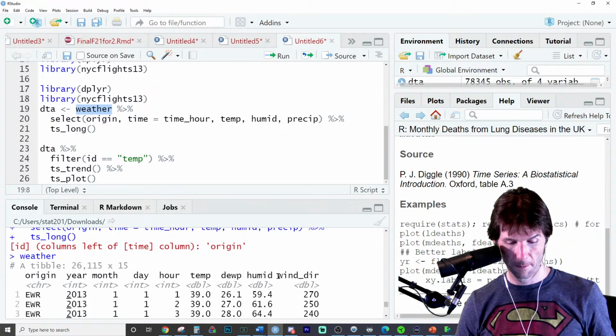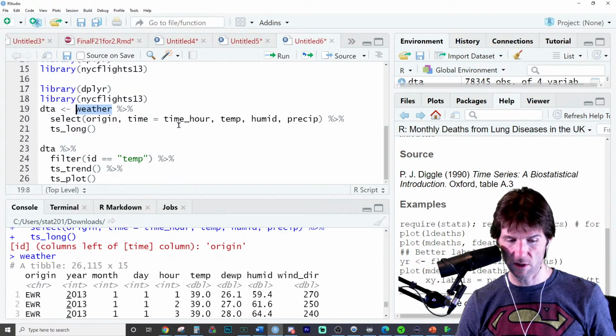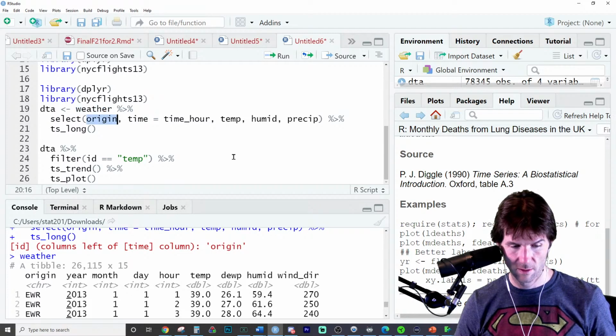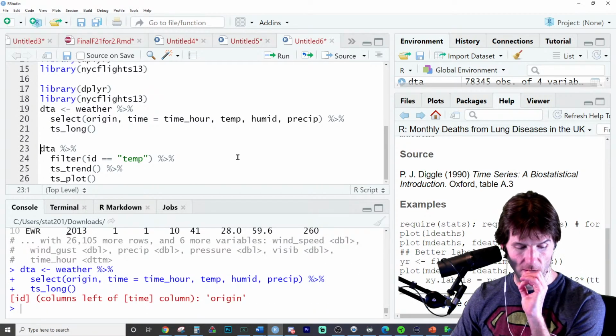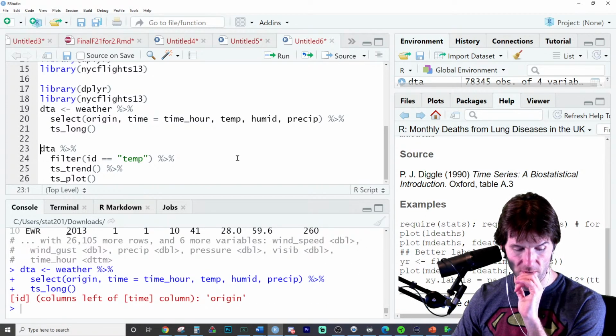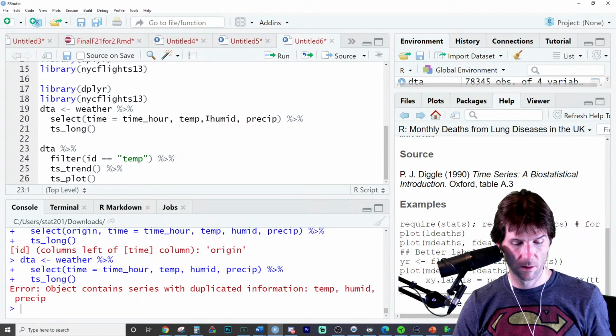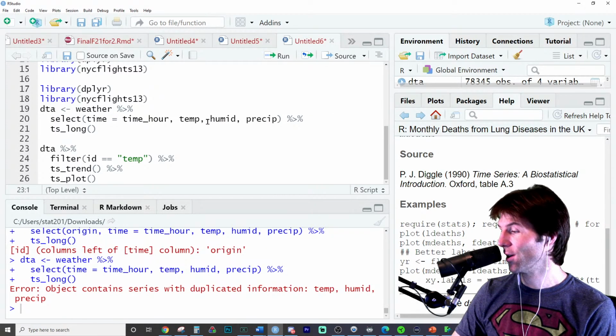There's the weather. Origin. Do they want us to select the origin? Select these columns. Columns left of time. I have no idea. I don't know.